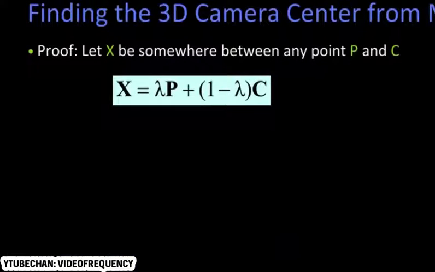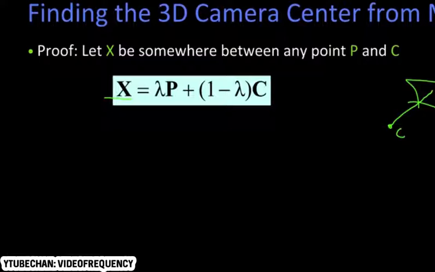Let's suppose I have some camera center C, and I've got some plane, and I have some point P that's out here. So I have a ray that goes from P to C, and I'm going to have a point X that's somewhere on that ray. Okay, so that's where X is.